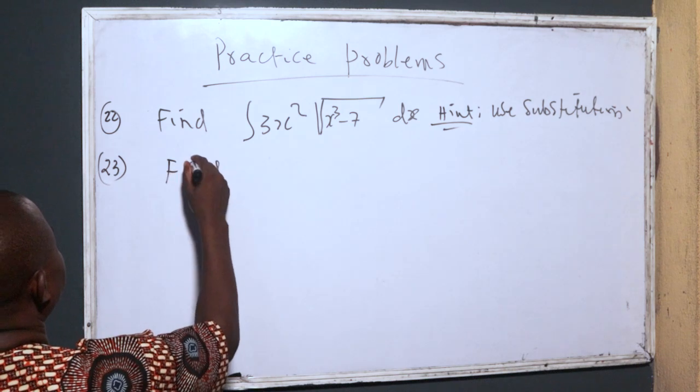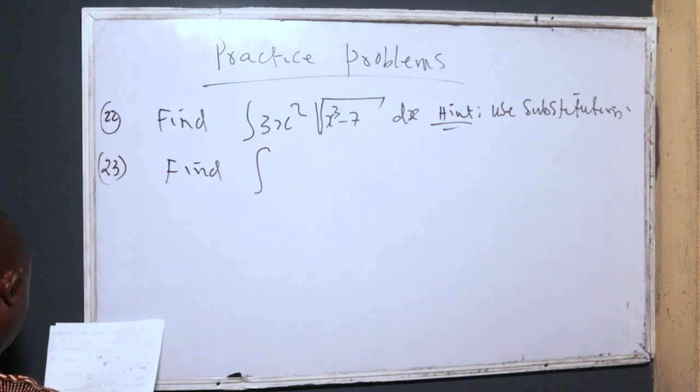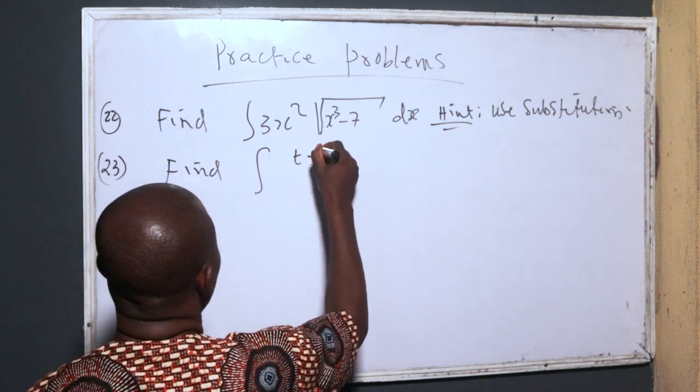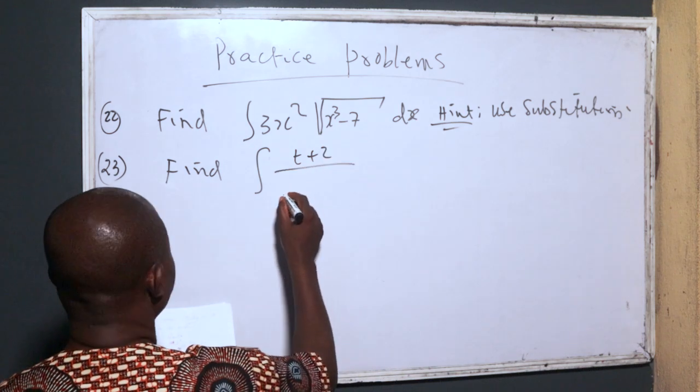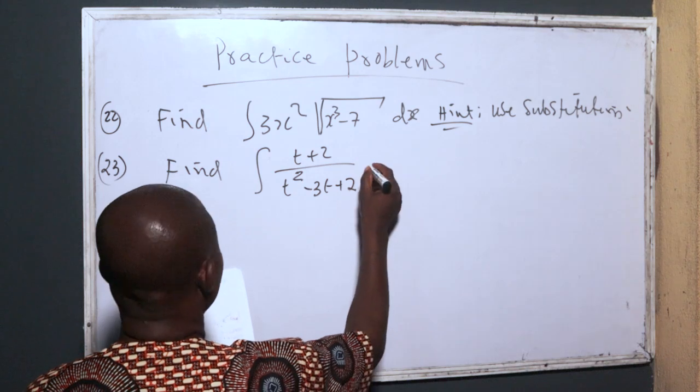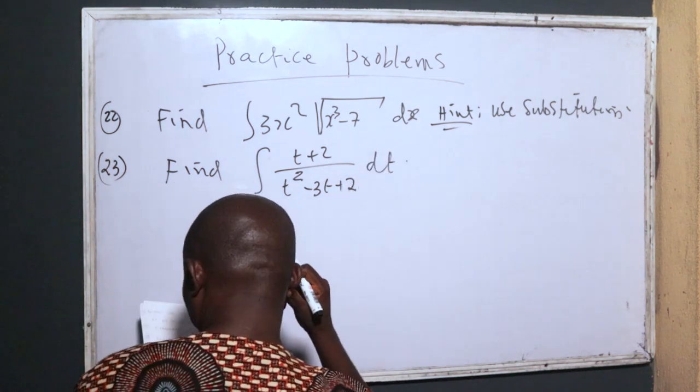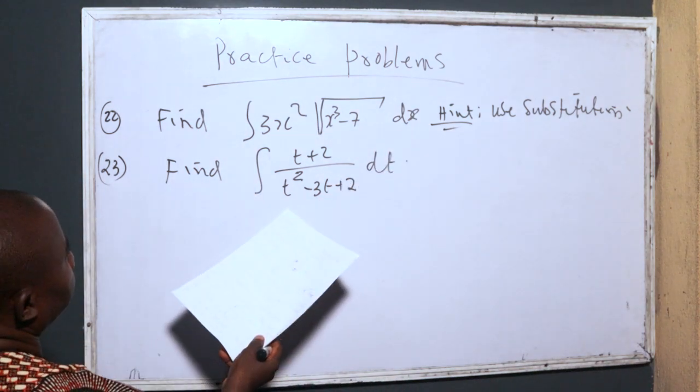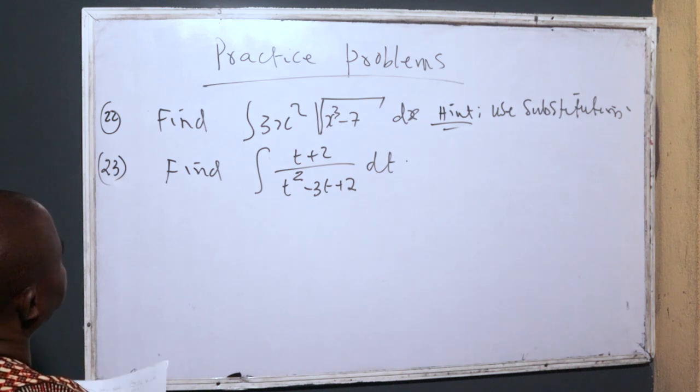It says here you should find the integral of t plus 2 divided by t squared minus 3t plus 2, then dt. If you apply partial fractions here, that will help you a lot.